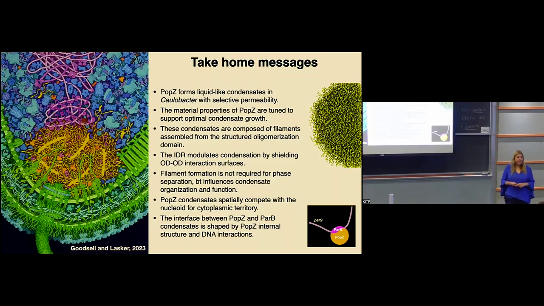So at the last bit where you talked about the mutant and the normal POP-Z interaction with the DNA and changes in the morphology, what do you think is the relationship with the filament versus non-filament? And maybe also surface tension effects.